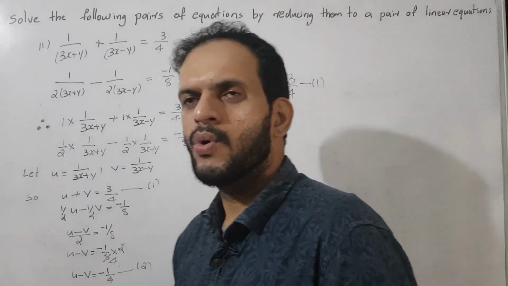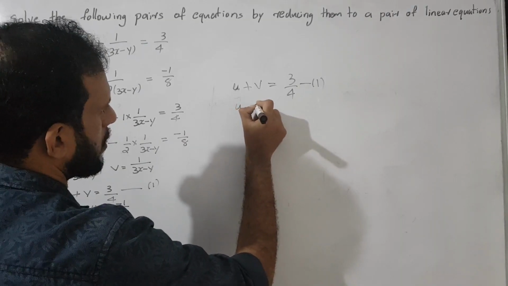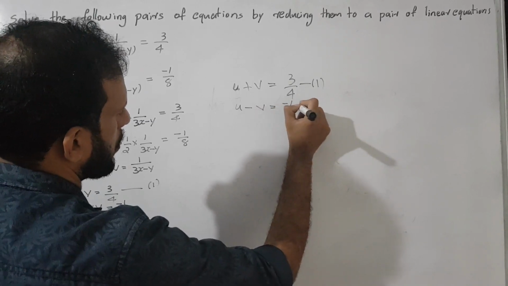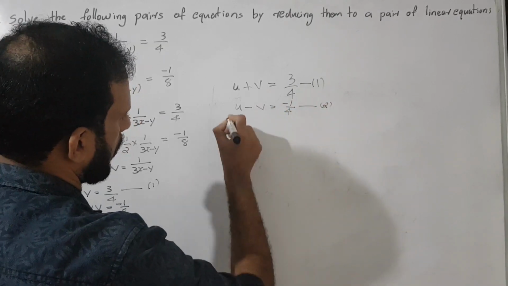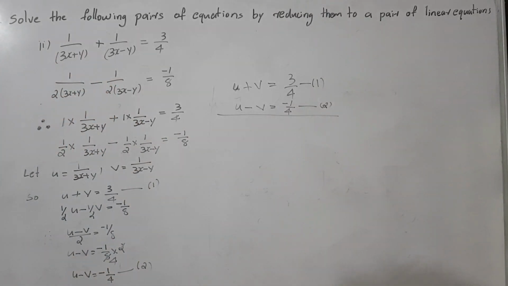What is equation 2? u minus v is equal to minus 1 by 4, equation 2, correct. Then here it is possible to eliminate the variable u, the term with u, and the variable v, correct.